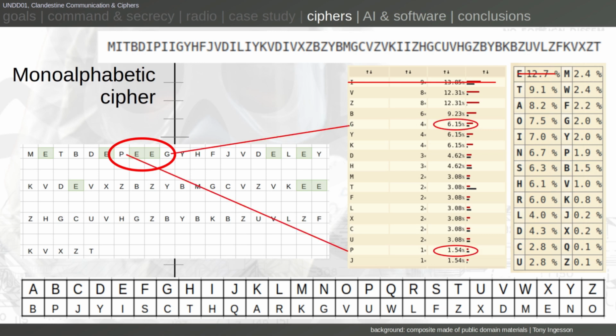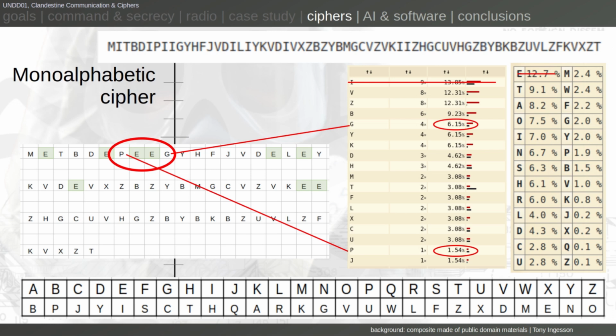Now I can move on with two other letters. So if we have two E's, then there is a limit to the kind of letters that can go before and after. So let's look at, first of all, letter P, which has a frequency of 1.54%. And then after that, we have the letter G, which has a frequency of 6.15%.